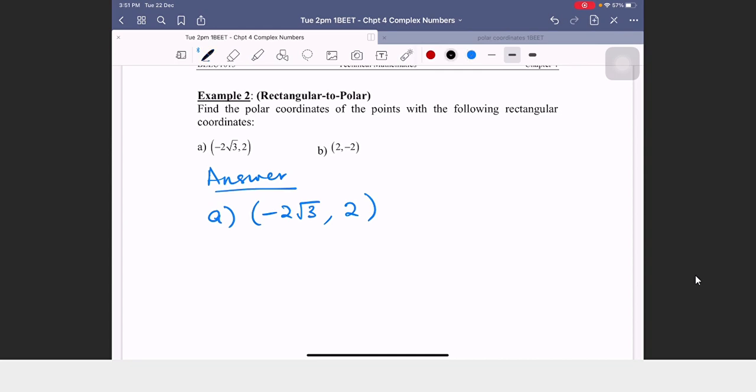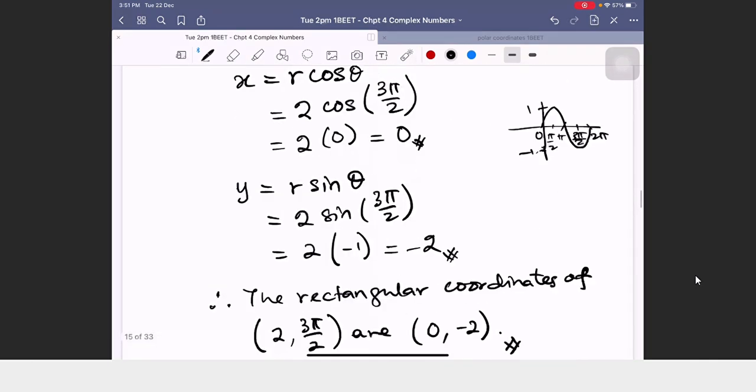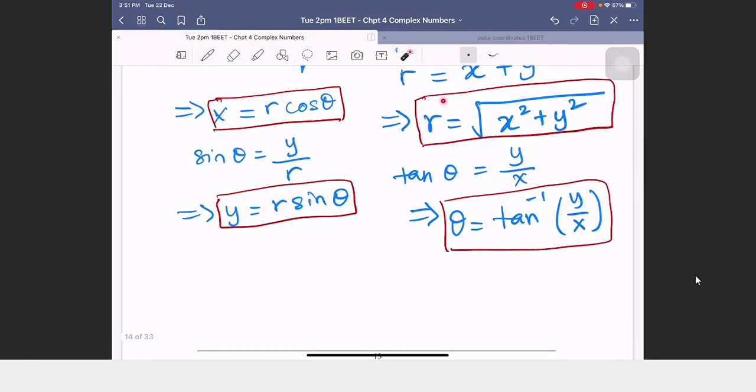So this is the x, this is the y. Now you want to change to r, theta. This is what you want. So in the calculation, you need to use this relationship: r equals square root of x squared plus y squared, and theta equals tangent inverse y over x.